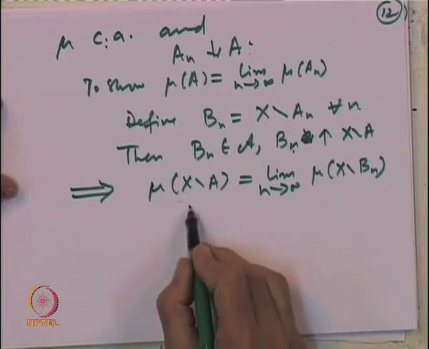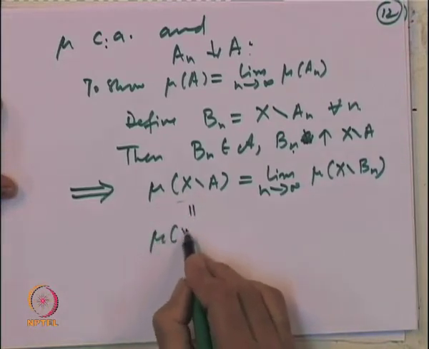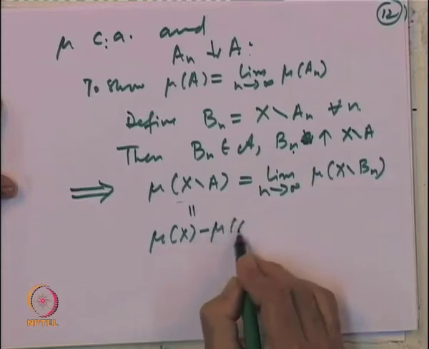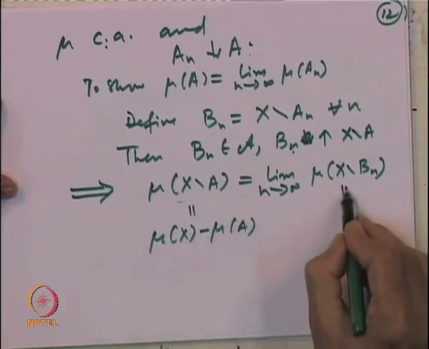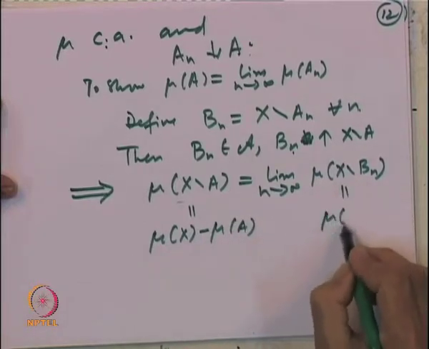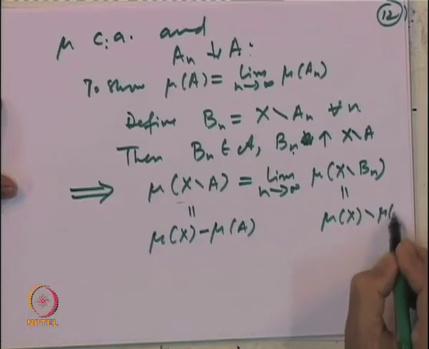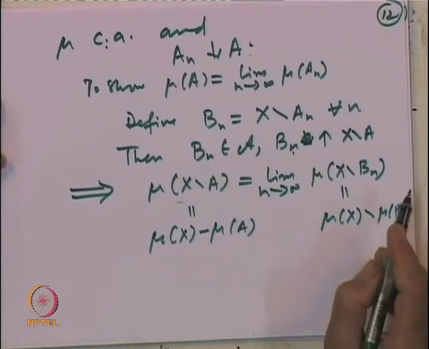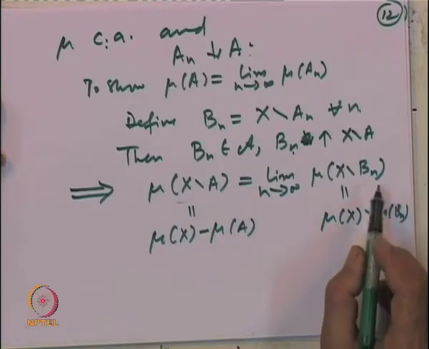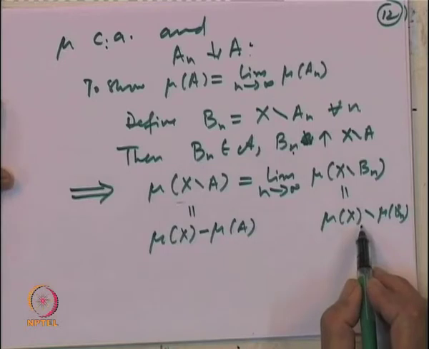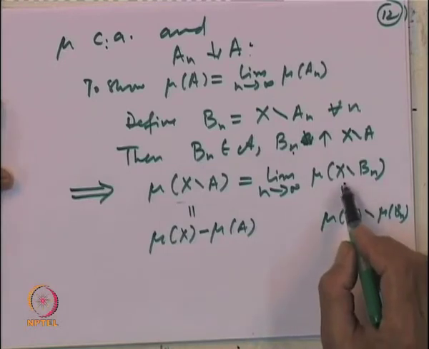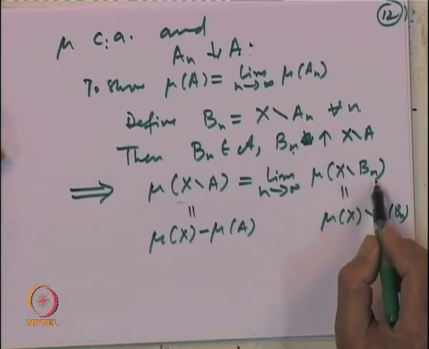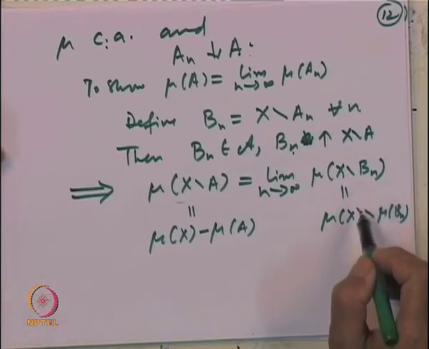So, this is the same as mu of X minus mu of A, and this is equal to mu of X minus mu of B n. This is possible only because the whole space has finite measure. Everything is a finite quantity, and we have already shown mu of the difference is equal to the difference of mu's provided the things are finite.